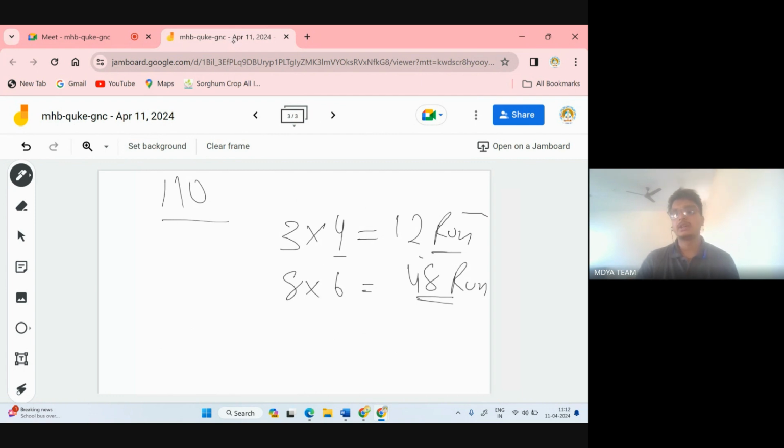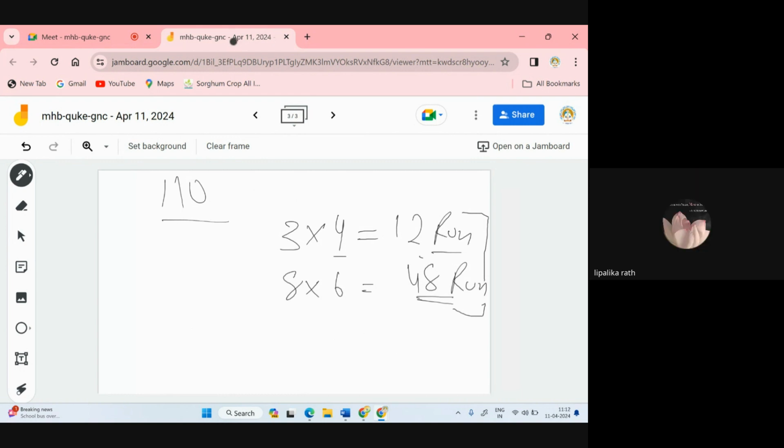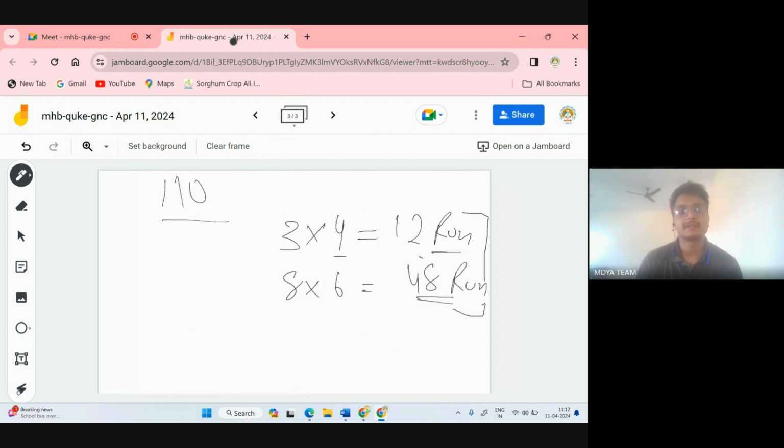Okay, this much he made from boundaries, and the rest of the runs he made by running between the wickets. Understood? Yes, sir. Okay, so around 50 runs he made from boundaries and 60 runs.